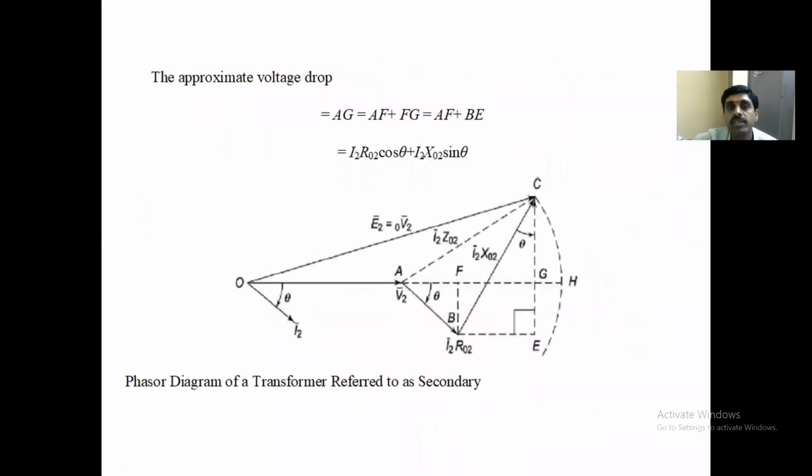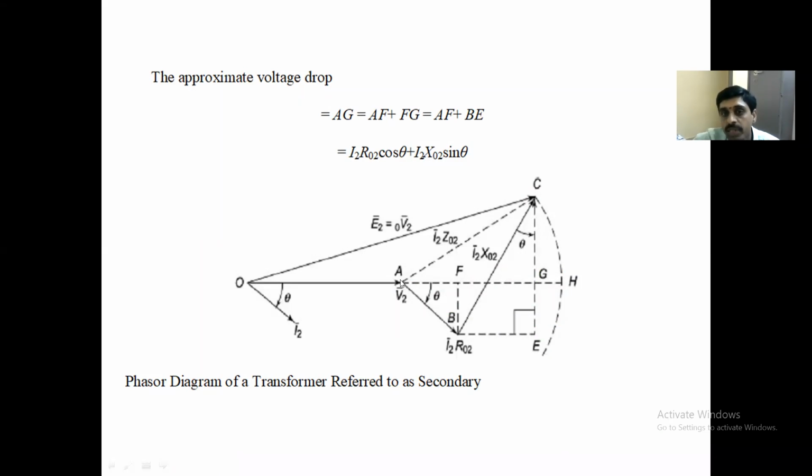So let us see this picture here. What is this AG? We can call it OAG. This AG is nothing but AF, this part, plus FG, this part. So what is this FG? It is nothing but BE, and this BE is I2 X02 sin phi.